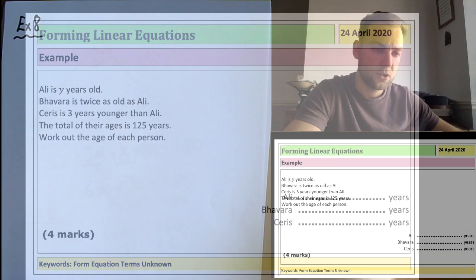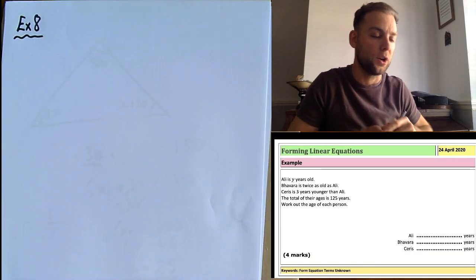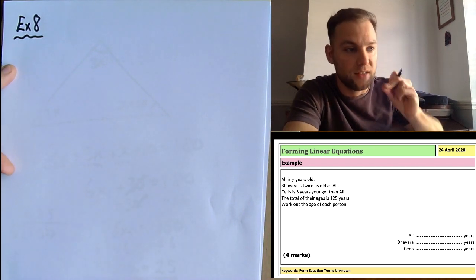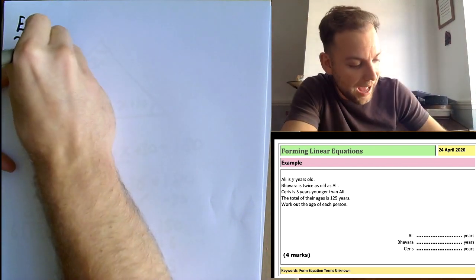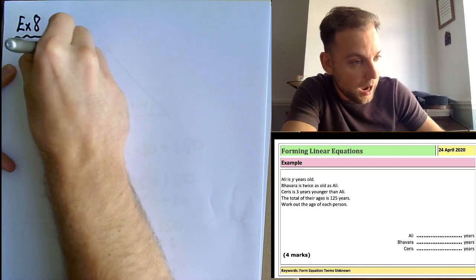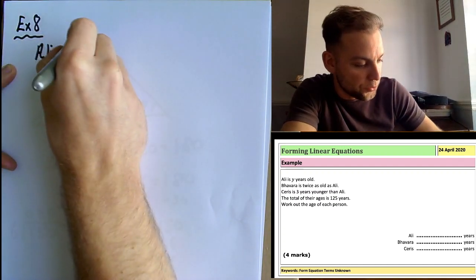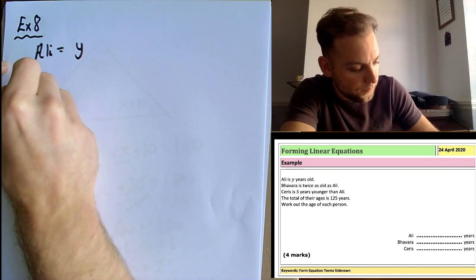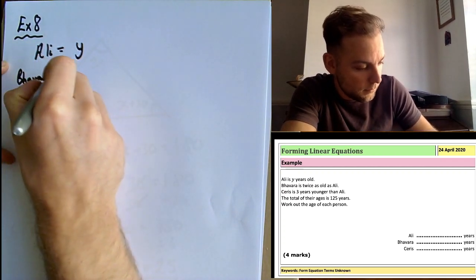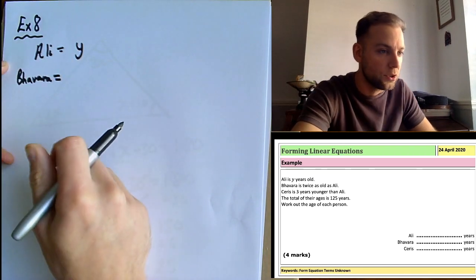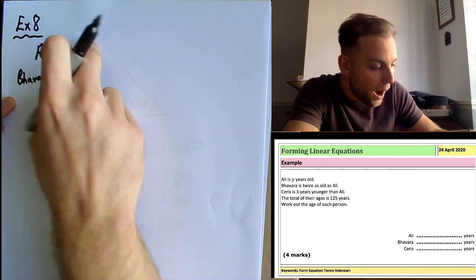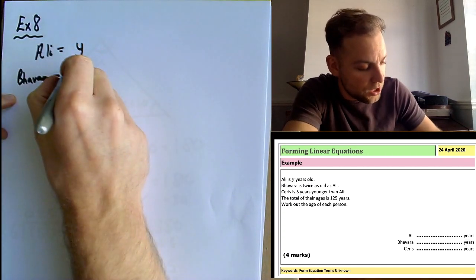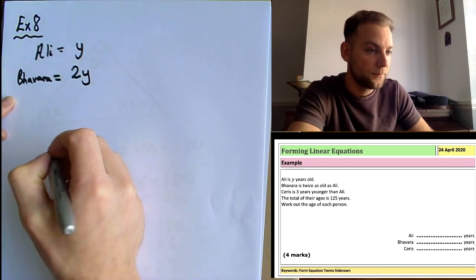Okay, so the first thing that I'm going to do here is write down an expression for each of their ages. So for Ali, I know that Ali is equal to y years old. Bavaria is equal to, now she is twice as old as Ali, so it's going to be 2 lots of this, which is 2y.